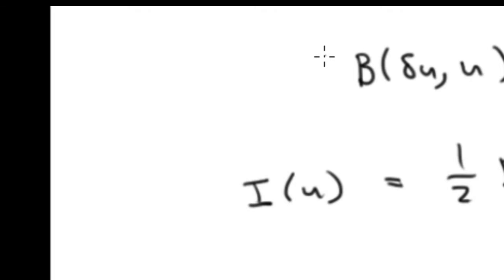Okay. So in the Ritz method, we're going to use the weak form, or more specifically, the quadratic functional we infer from the weak form.